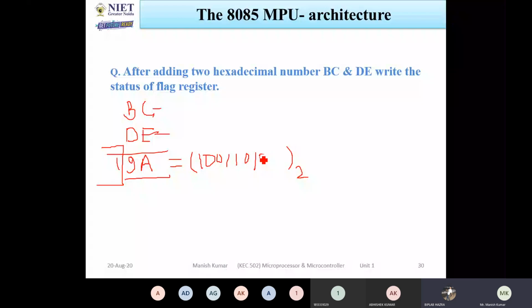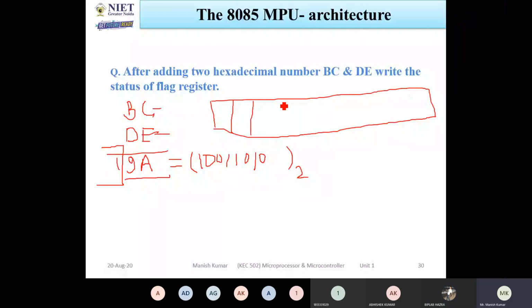Okay. So now all of you know the flag register. You have to remember the positions of the flags. Please be careful. 1, 2, 3, 4, 5, 6, 7, 8.